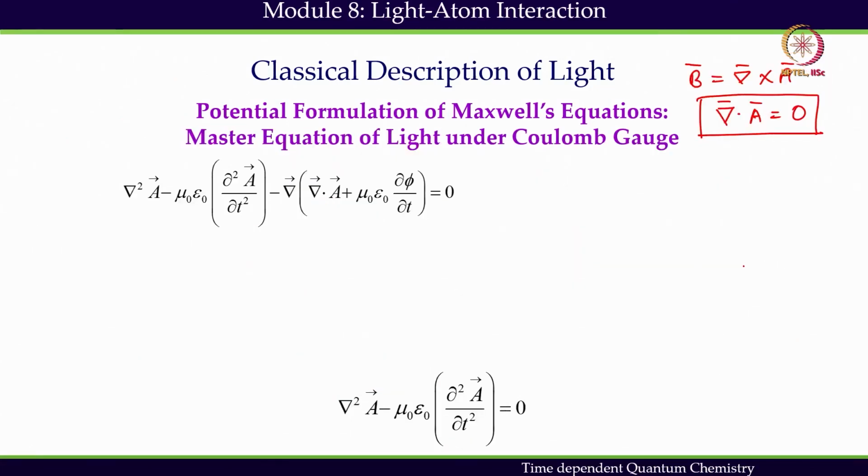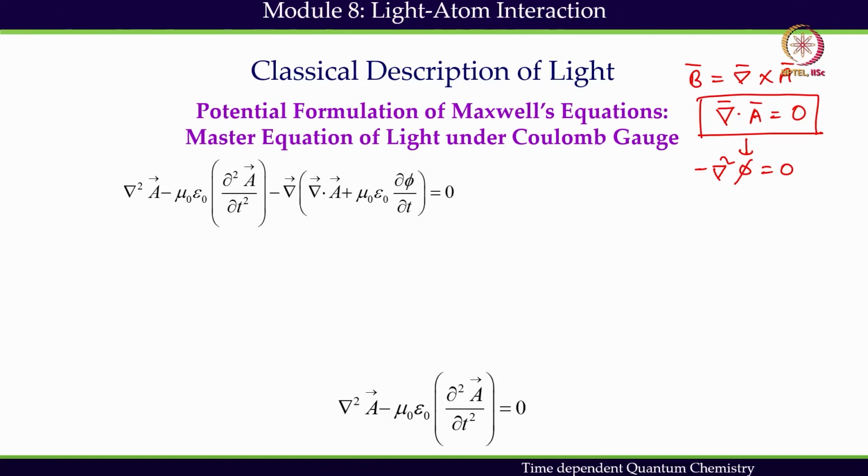So with this additional condition, one can write down this del square operator, the second derivative of the scalar potential is 0.